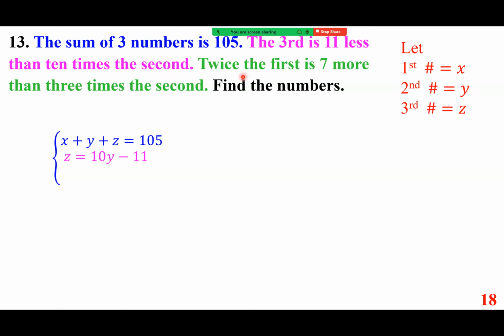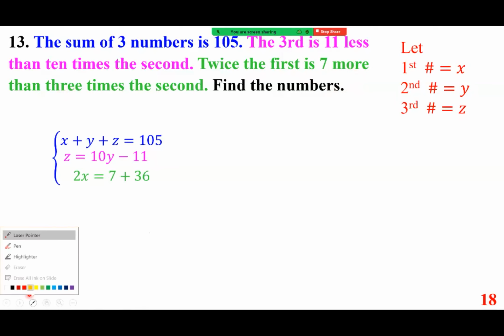So the second equation in red. Twice the first, that means 2 times X. Twice the first is, that means equals. 7 more, 7 plus. 3 times the second, 3Y. This is 3Y, everybody.